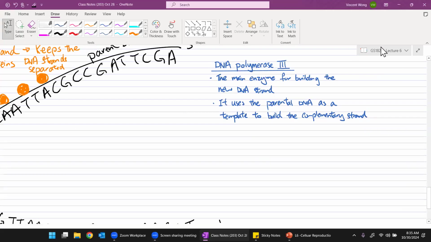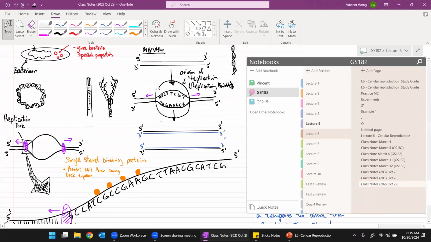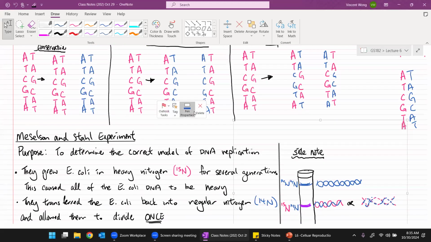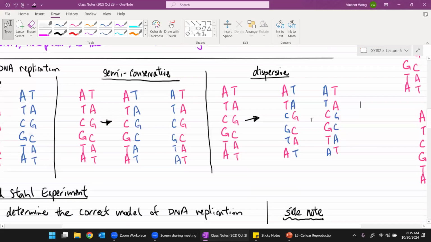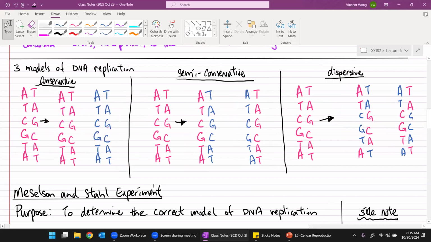So, just give me a second, guys. Yesterday, my other class was really confused about the whole semi-conservative, conservative, dispersive situation. So I drew this out for them, and maybe it's going to be helpful for you as well. You don't have to write this down. You can just look at it, or you can take a picture with your phone. So conservative means you take the original, and then you just directly make a copy of it, right?